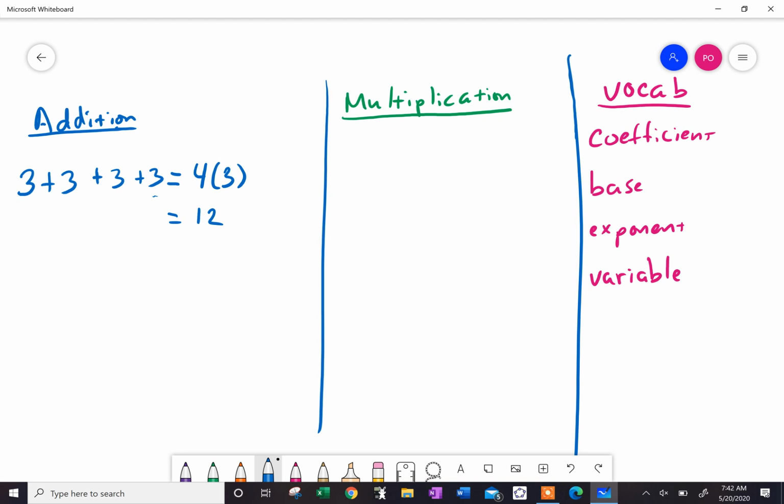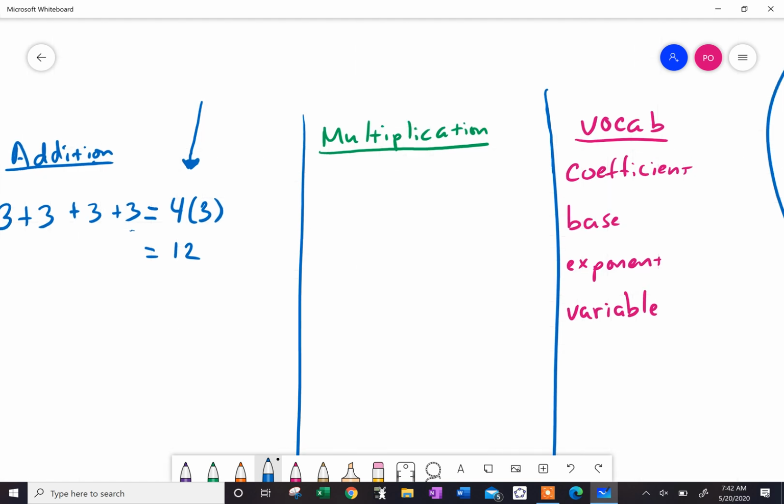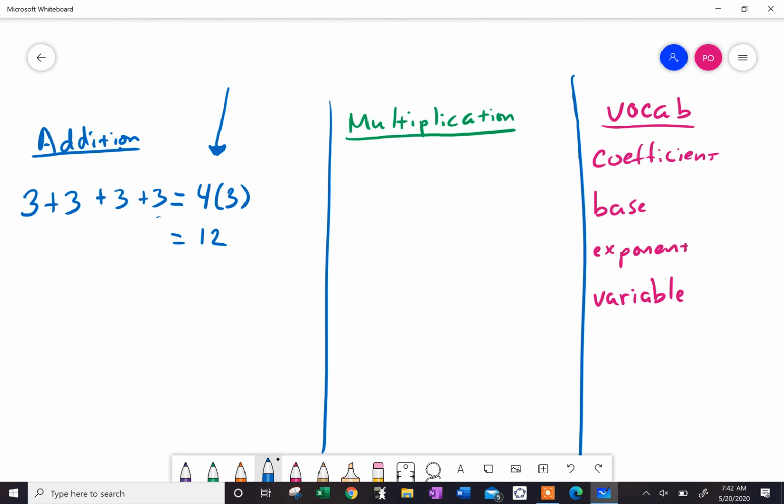So the way we can simplify addition is by putting a number, the number of threes, in front of the 3, like I did. I said I have 3 plus 3 plus 3 plus 3, which gives me 4 threes. That 4 describes how many groups of threes I have, and this is called the coefficient.